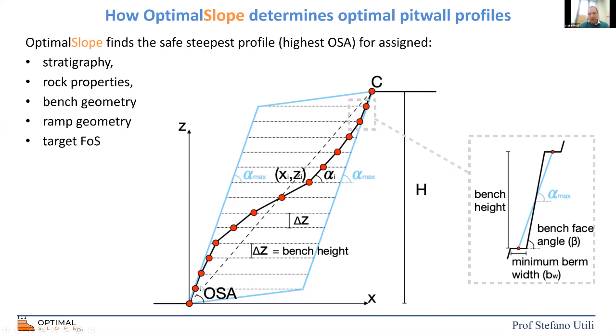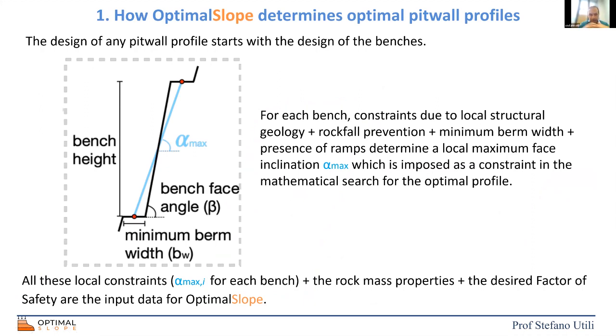So now we have a set of points whose x coordinate is unknown. We have to find the x coordinate, the horizontal coordinate, for all of these points. And this becomes a mathematical optimization problem where we want to find the x coordinates such that what we maximize is the overall slope angle. So this is how the problem is cast.